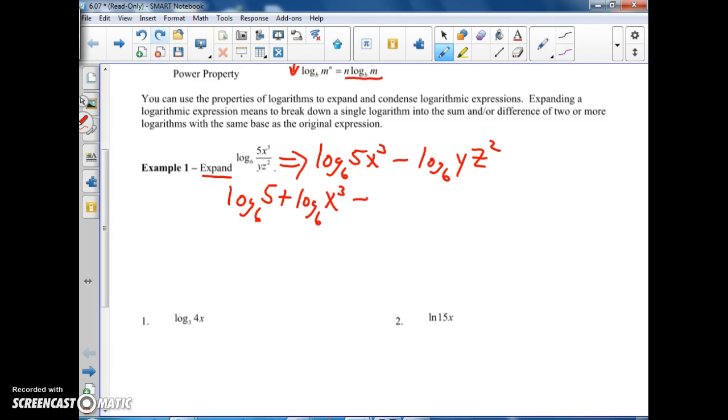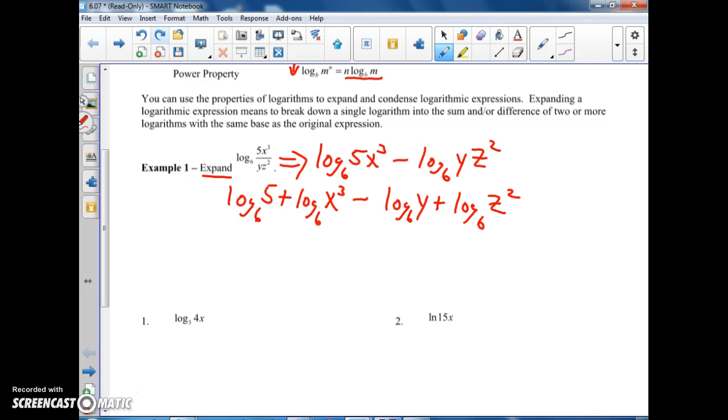Making sense? 5x cubed means 5 times x cubed, so the multiplication means addition. Now look at the second one. Log 6 of yz squared means log 6 of y plus log 6 of z squared. Once again, multiplication means addition.